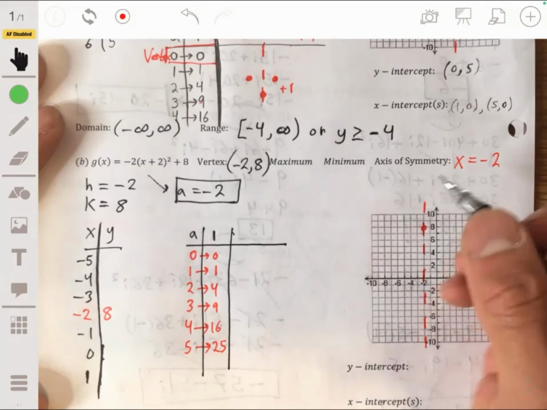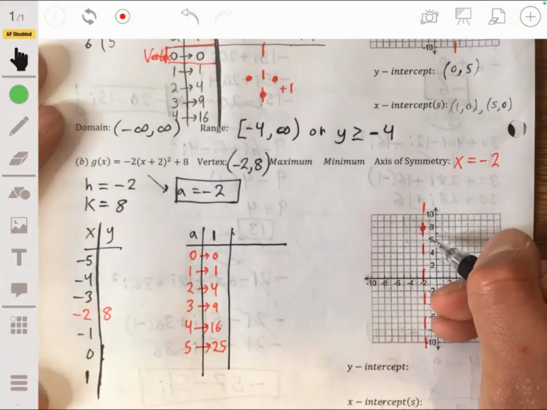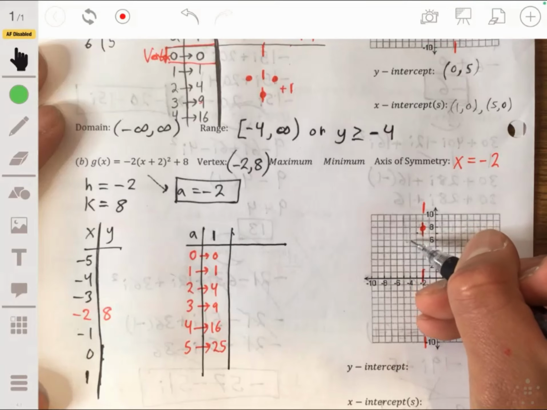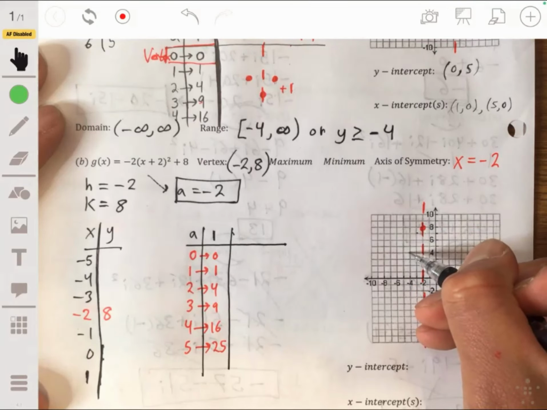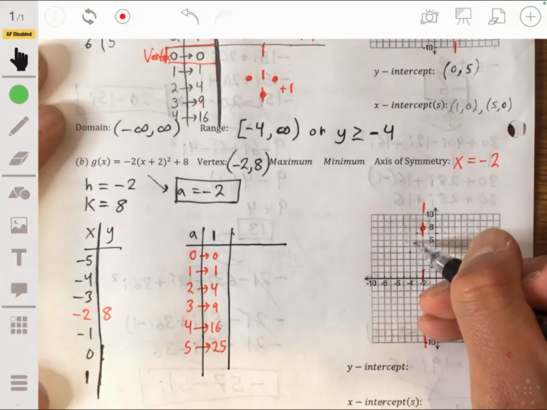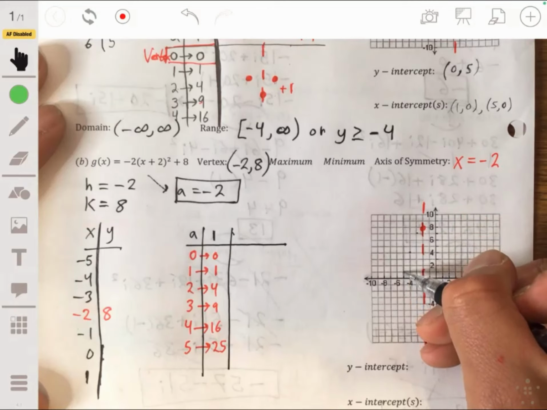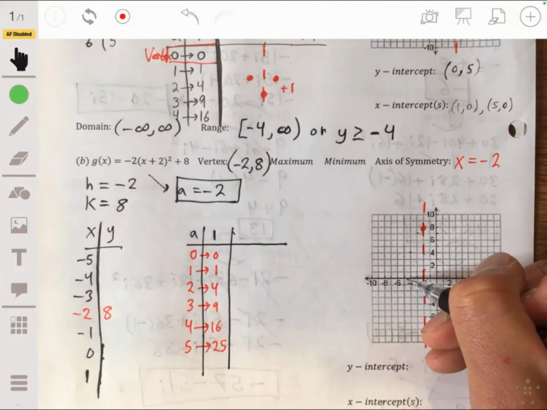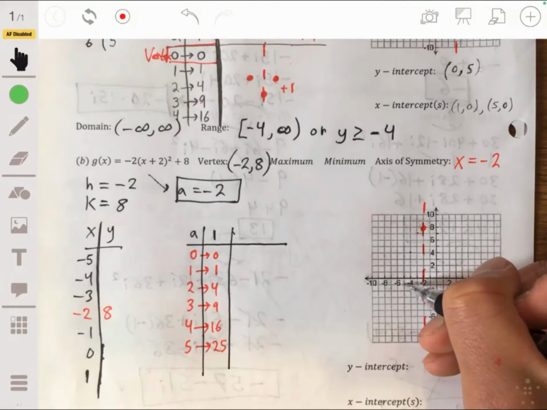Now, so in other words, if a was 1 in this case, we would go down 1 here. Then we would go another 4 over here. And then we would go 9 down. So then it would go down to -1, and so forth.